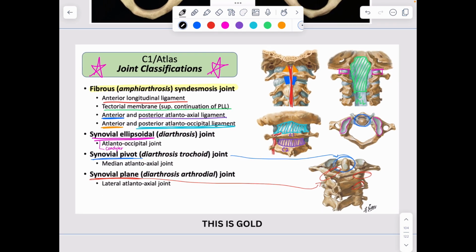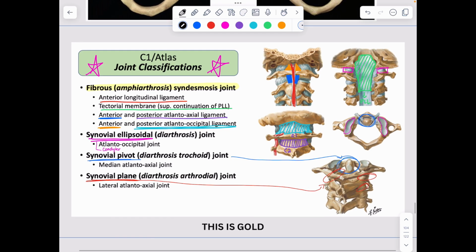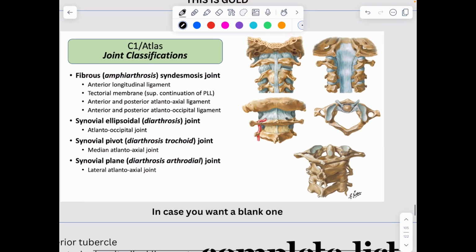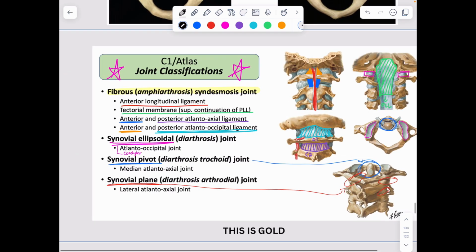This is golden. I just copied and pasted this from my notes because I don't think I could do it any better than Miss Beveridge already has. I also put it if you want to do your own writing. But the ALL runs right up the middle in the red. The tectorial membrane, extension of the PLL, right in the middle once again. The anterior and posterior atlantoaxial ligament, the blue and the purple.